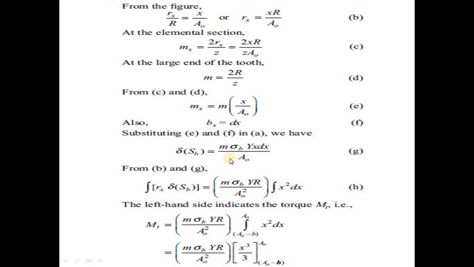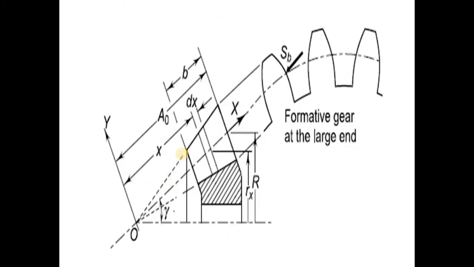This is the value for delta SB, and again we take one elemental section here. For the elemental section, we take one torque moment, or we can consider the torque of that element. Torque is equal to force into perpendicular distance. Here force is equal to delta SB.